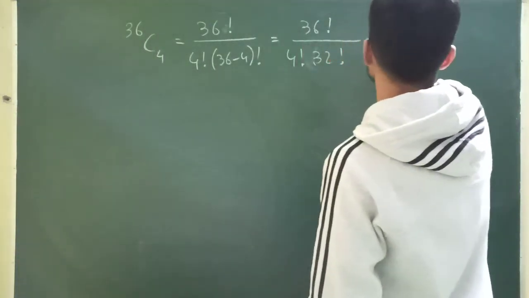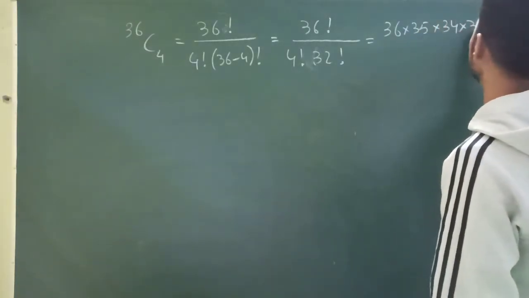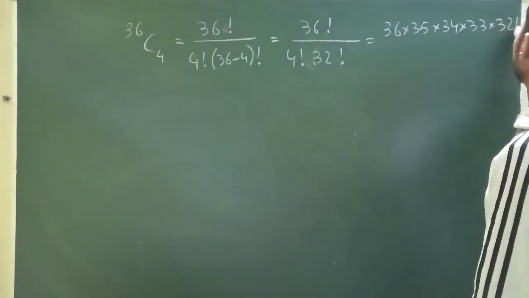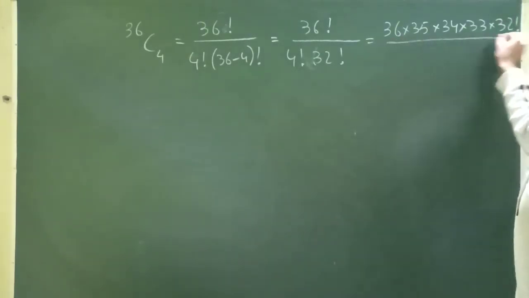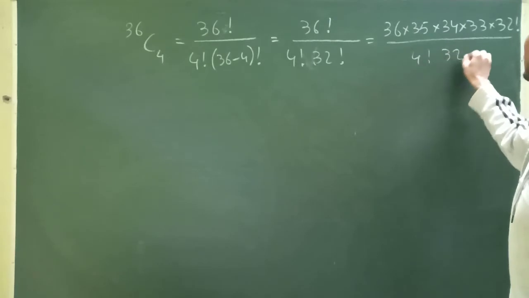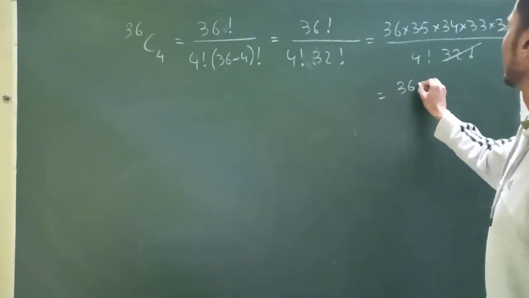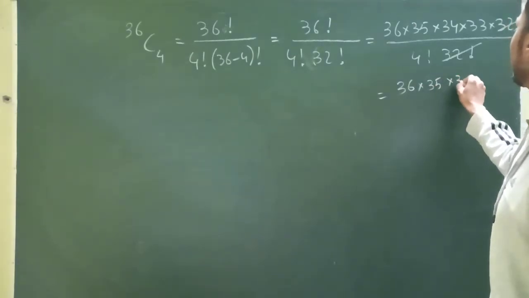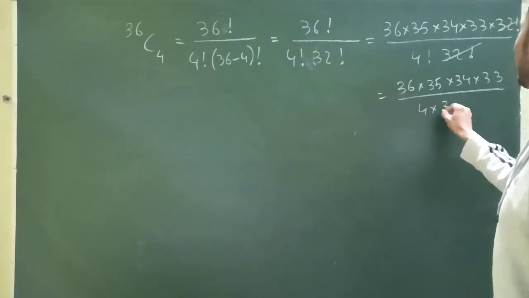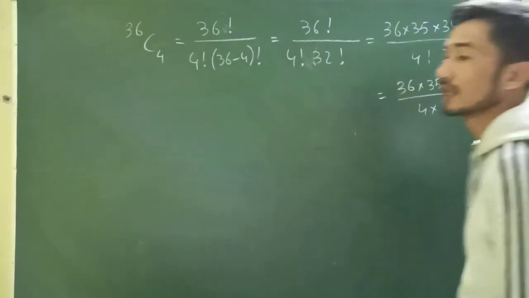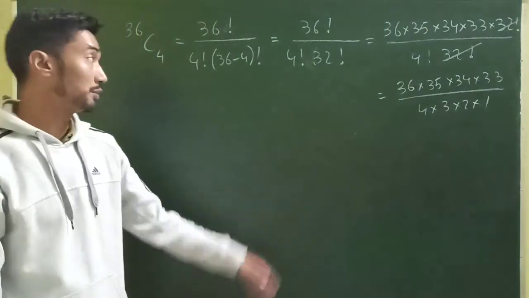So there I have 36 into 35 into 34 into 33 into 32 factorial, divided by 4 factorial into 32 factorial. Cancel. We have 36 into 35 into 34 into 33 by 4 into 3 into 2 into 1. Now for big problems, who is going to expand that?